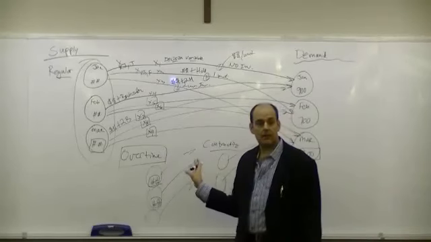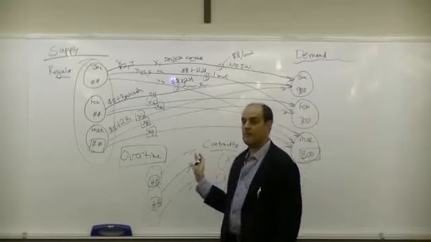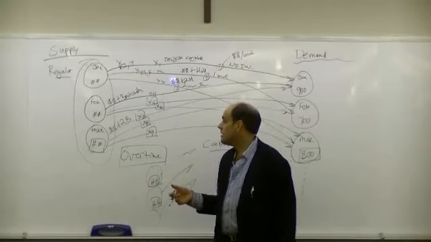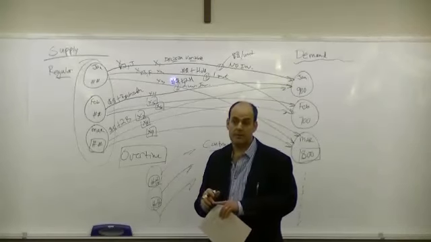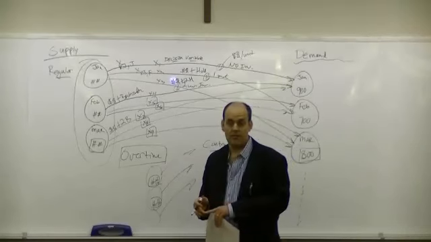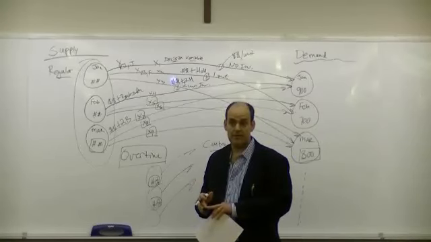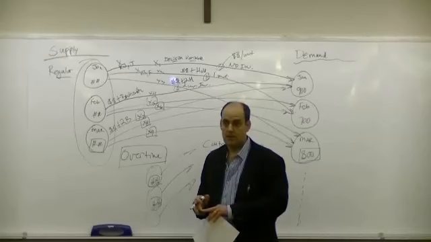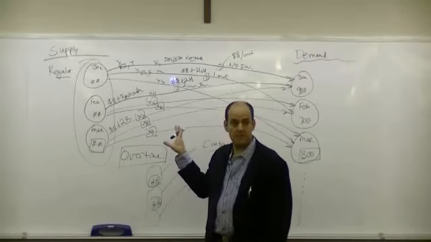Only one thing left that I want to comment on this picture before I erase it. We will sometimes also have problem situations where the problem statement says there is a certain amount of inventory available to you at the very start of the problem, or there is a certain amount of inventory we would like you to finish the problem with. And both of those can be represented very simply by just adding a little bit more to this picture.